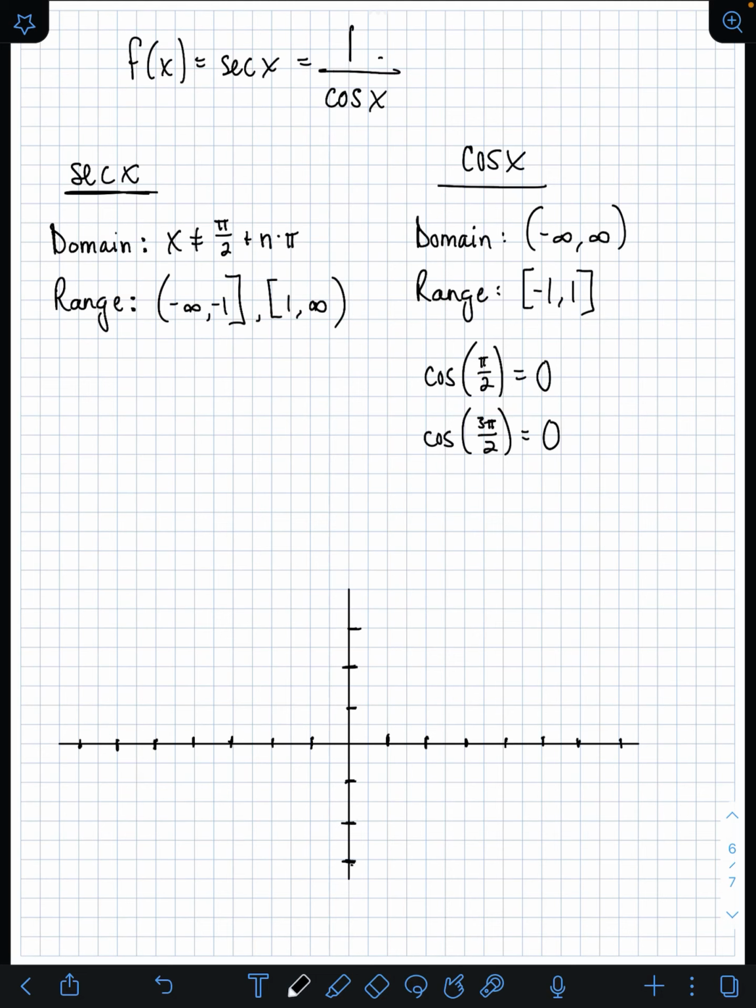So cosine differs from sine in that it starts at its high point and then proceeds to its midline, then down below, and back up, and so on. And again, the same thing in the other direction.